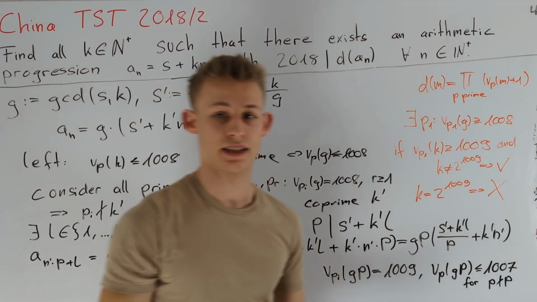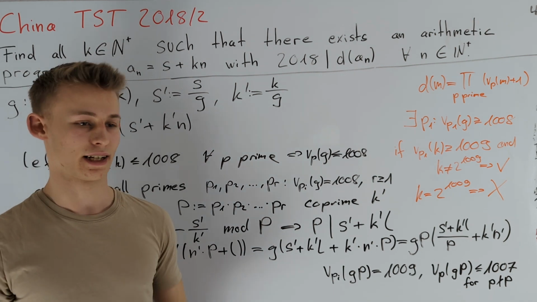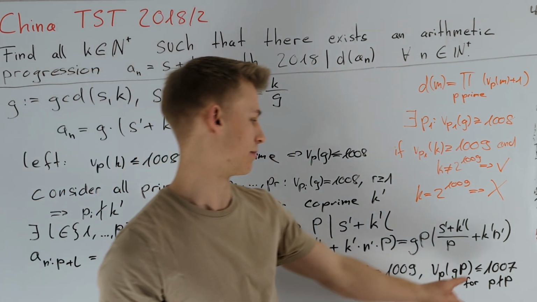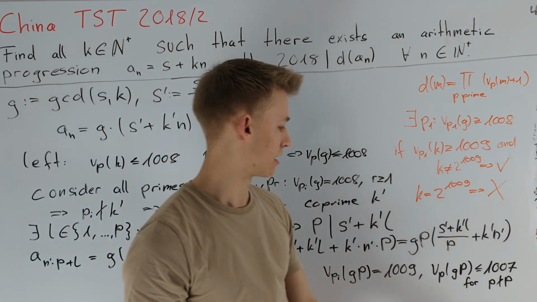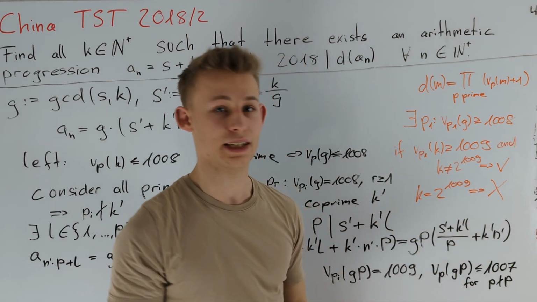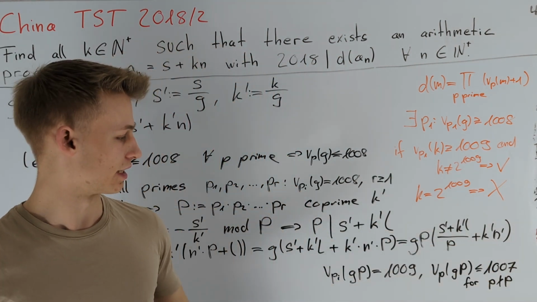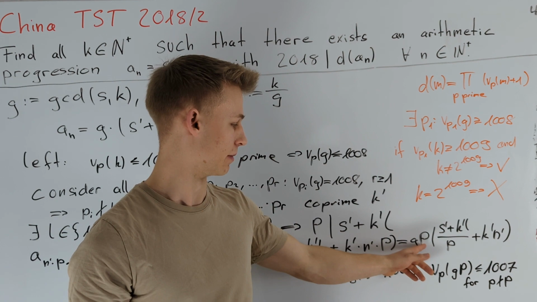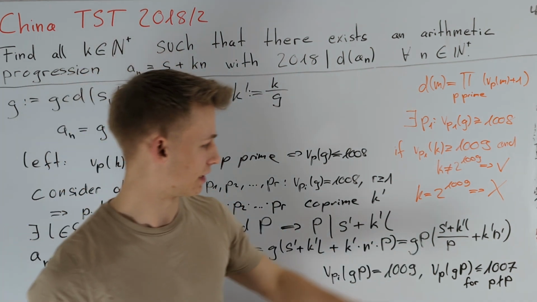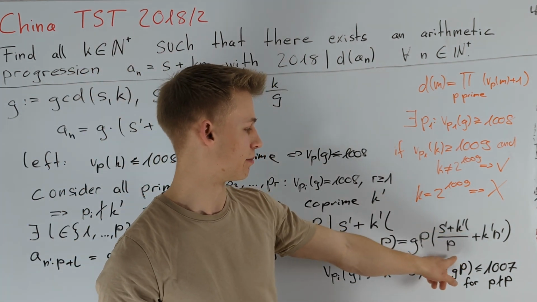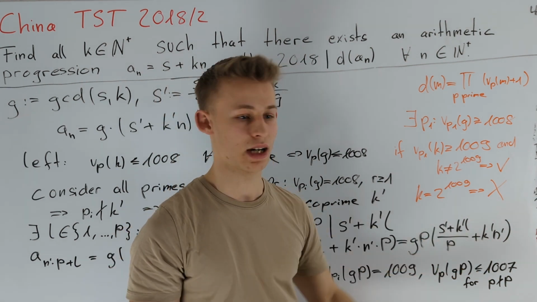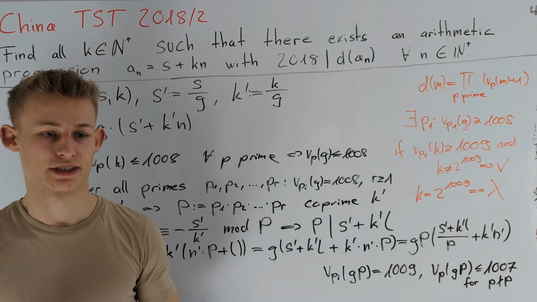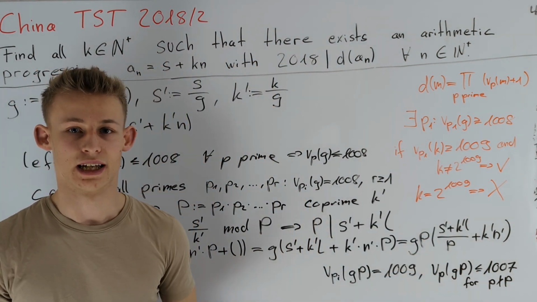Therefore, it would be nice if we can use again Dirichlet's theorem to find some integer n prime such that the sum here is equal to a large prime number that does not divide g times P. So it is enough to prove that (s prime plus k prime L) divided by P and k prime are co-prime integers, because then we can indeed do this argument and are done.